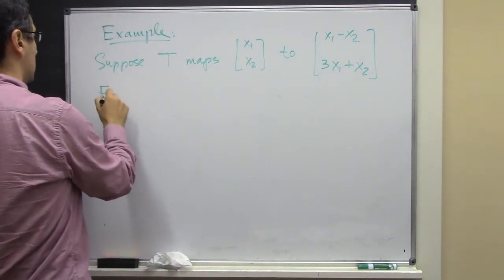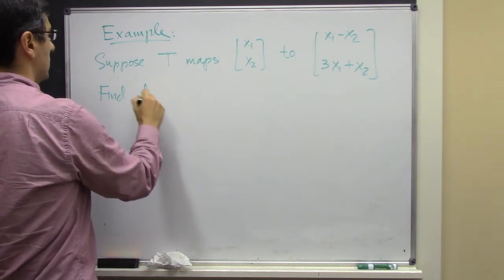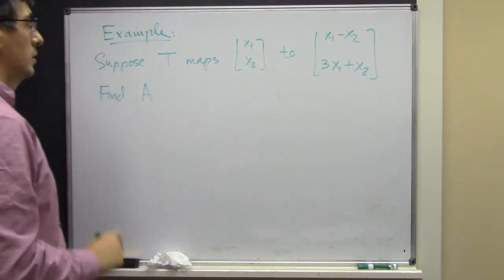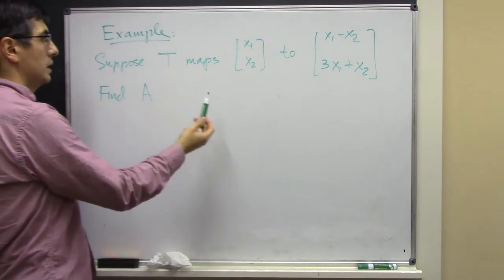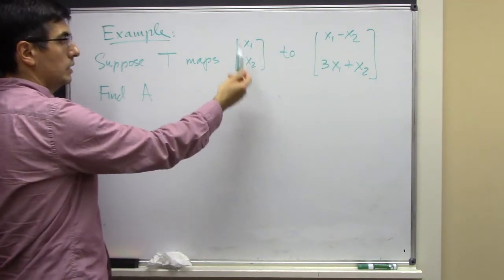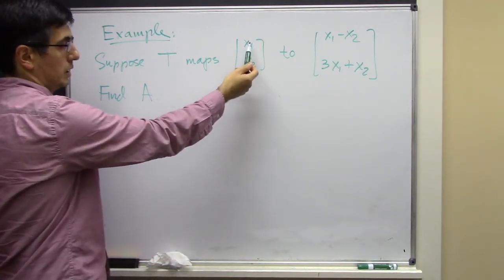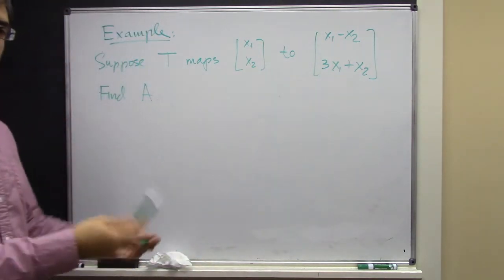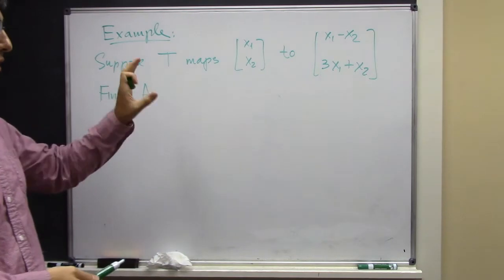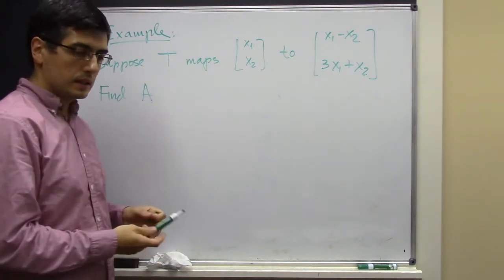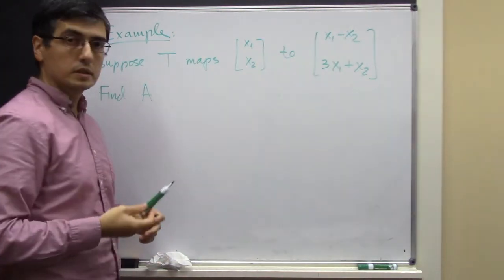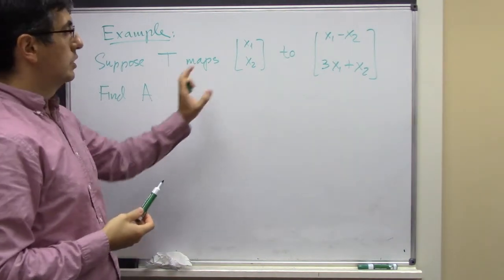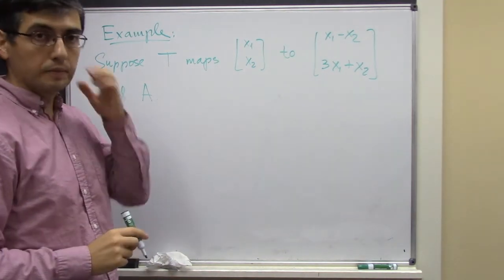Find A. Okay, what this says is that any vector in R2, x given as (x1, x2), maps to this vector also in R2. So the domain and codomain are the same, but you don't know the matrix that does this. So the question is to find A.